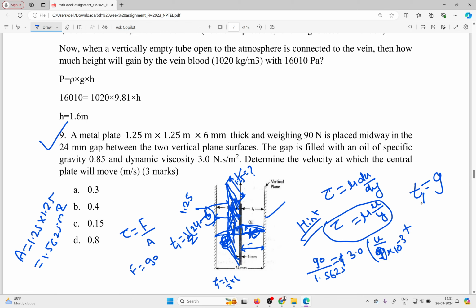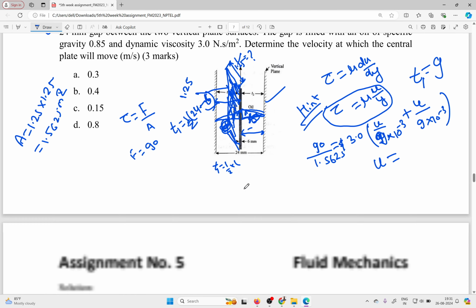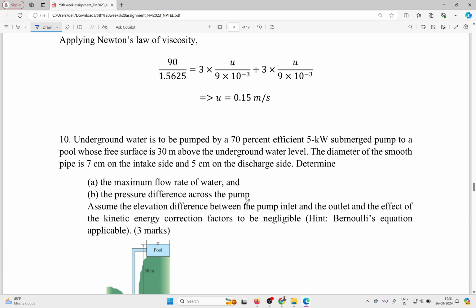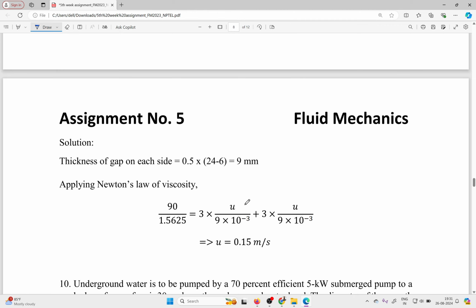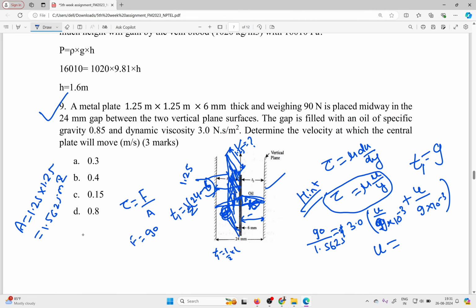For the other side, for T2, U divided by 9 into 10 to the power minus 3. When you calculate, you will get U equal to 0.15 meter per second. So this is the correct answer for this question.